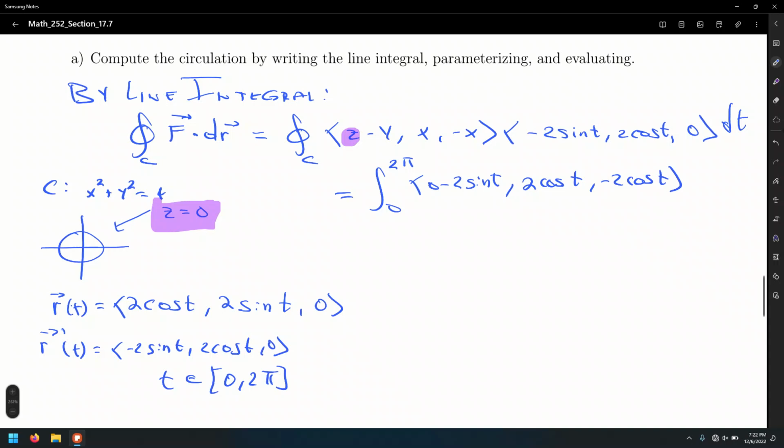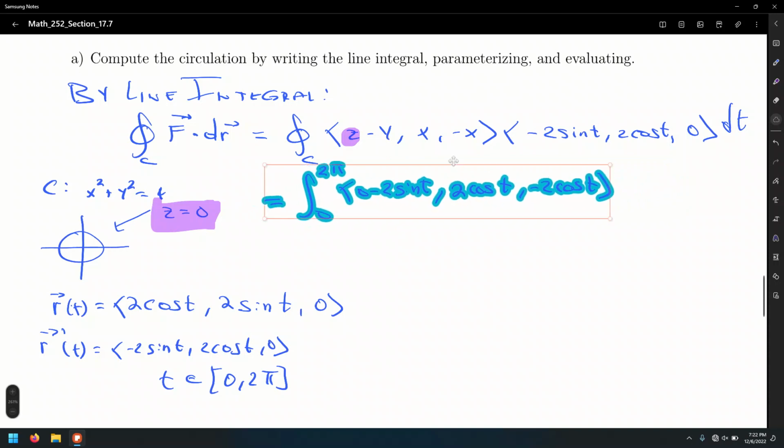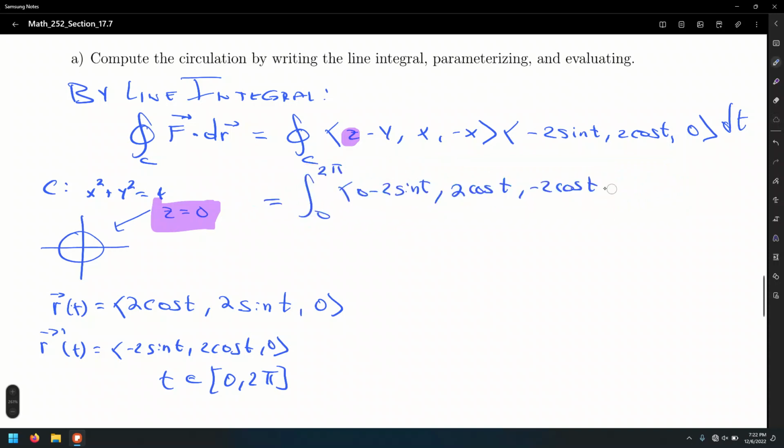dotted with, let me make some room over here, and let me make this look like an actual vector: negative 2 sine t, 2 cosine t, 0, dt.